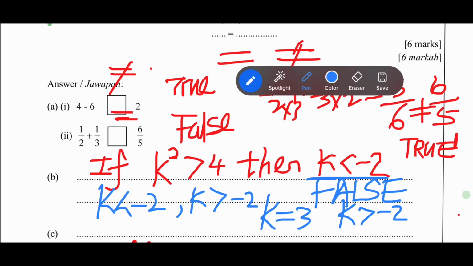So this is how you think in order to answer. So for converse, you have to actually use a number, plug in and check, alright? So maybe you can solve k squared more than 4 using a quadratic function, and you factorize and shade the region. You will notice that you have two ranges of values of k, right? So the answer should have two ranges of values of k, then it will be a true statement.